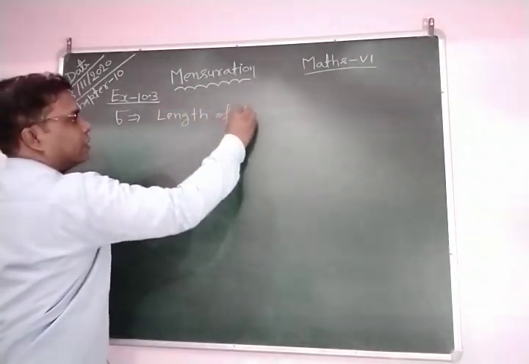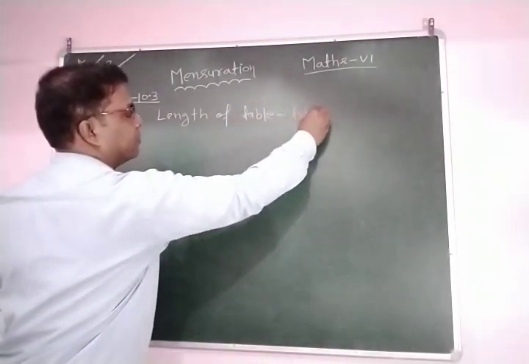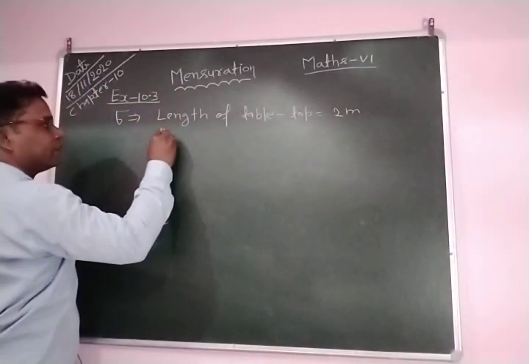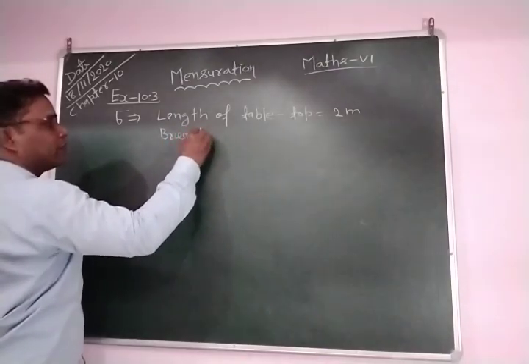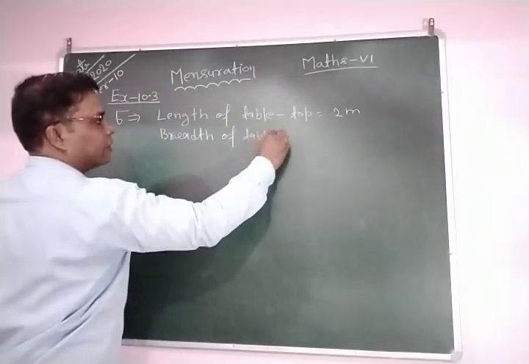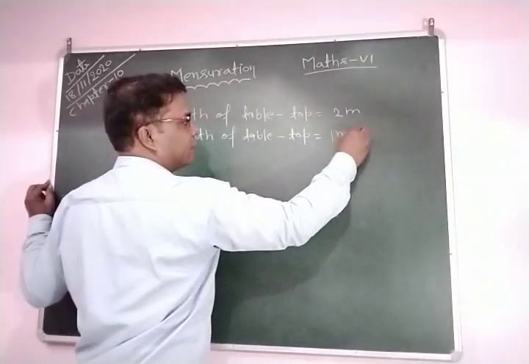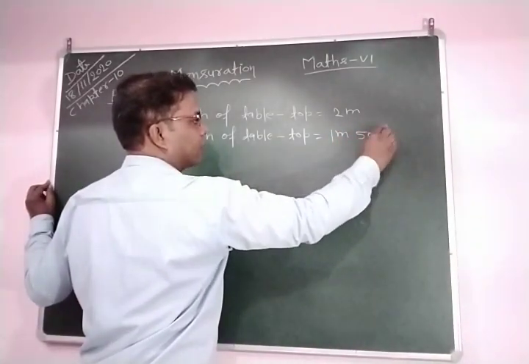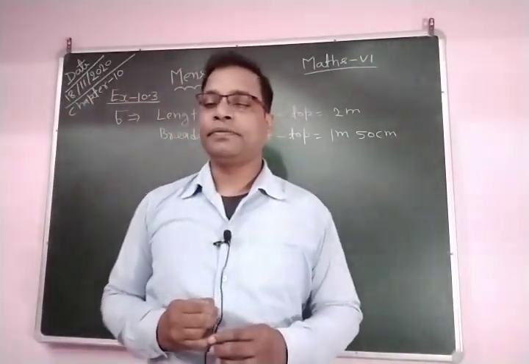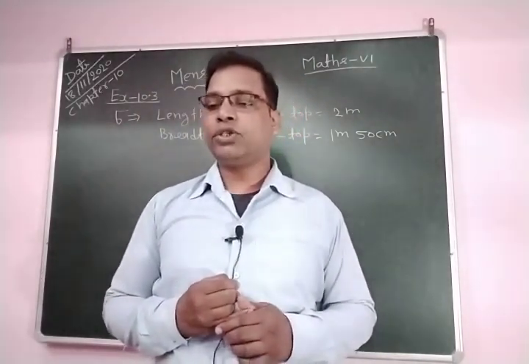Length of tabletop is equal to 2 meters. Breadth of tabletop is given here as 1 meter 50 centimeters. The question asks us to find the area of the tabletop in square meters.